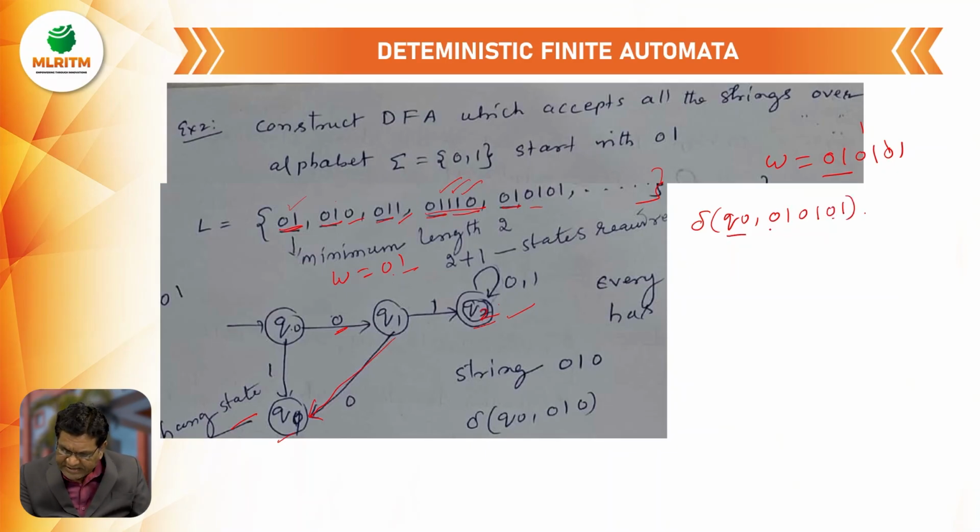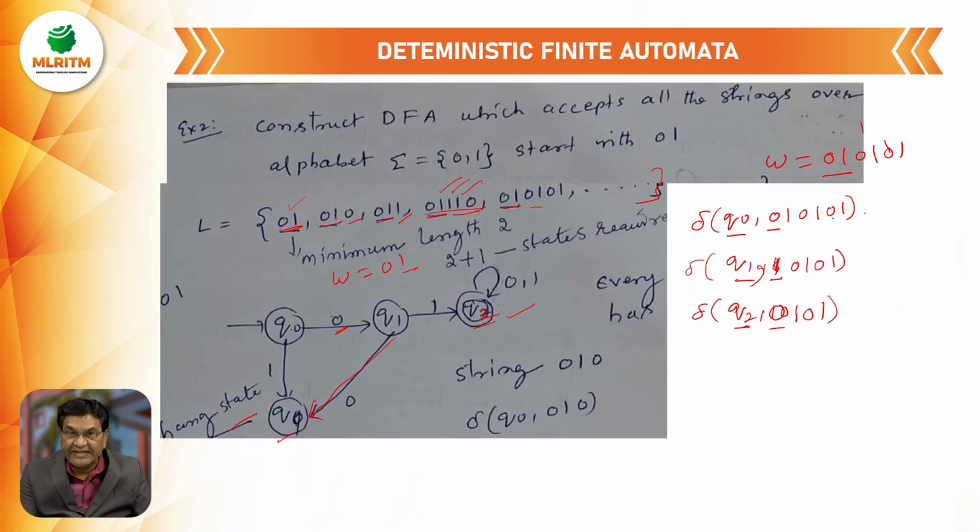Now, Q0 with 0. But I am not taking the transition table; I want to explain directly through the transition diagram. Q0 with 0 goes to Q1. Next, Q1 with 1: the current state Q1 with current input symbol 1 goes to Q2. Then the current state is Q2.